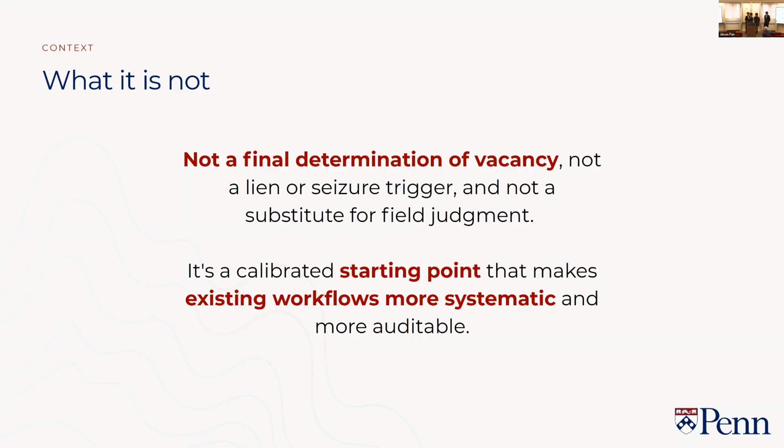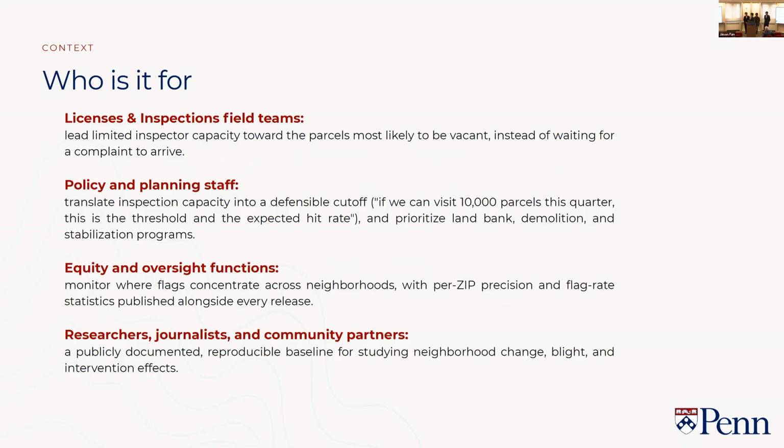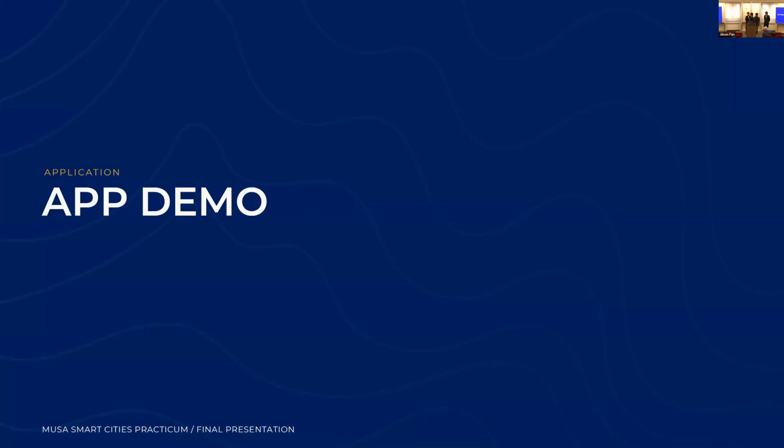It is a calibrated starting point that makes existing workflows more systematic and more auditable. Our project is for Licenses and Inspections field teams, policy and planning staff, quality and oversight functions, and researchers, journalists, and community partners. Here comes our app demo.